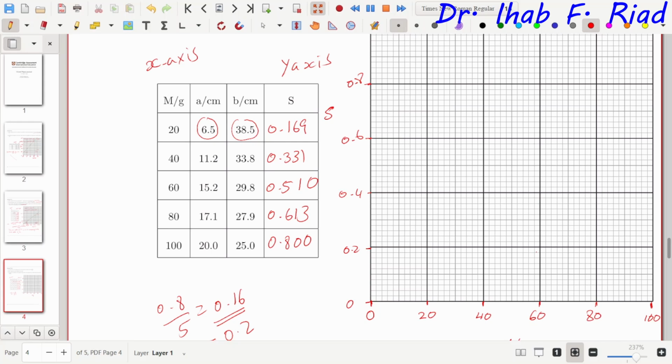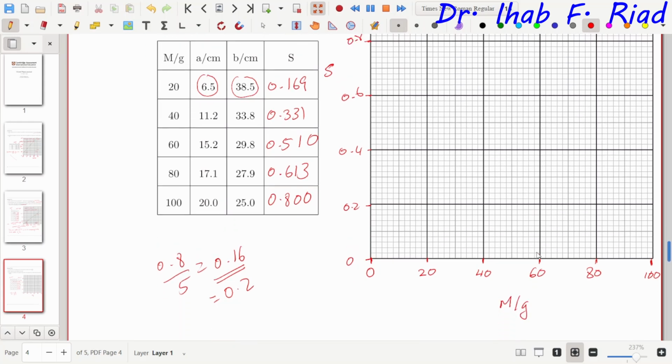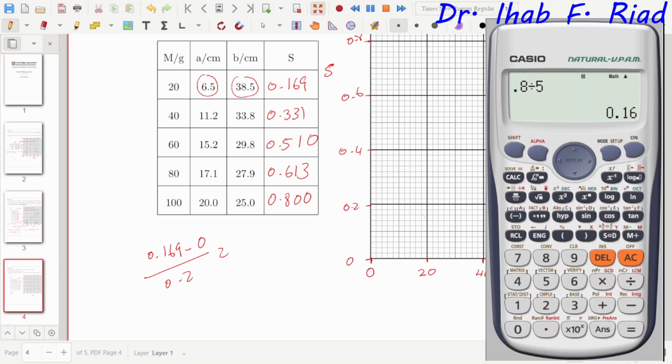It is 20 and 0.169. Counting might be a little bit of a challenge over here, so let us see how we can plot this first point. It is 0.169 minus 0 divided by 0.2, which is 0.845.